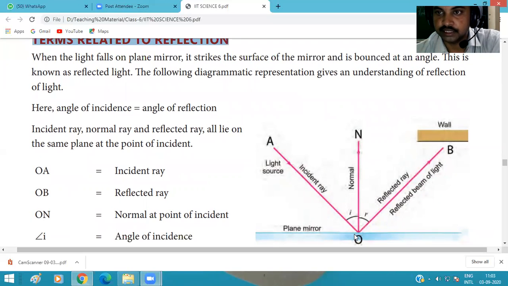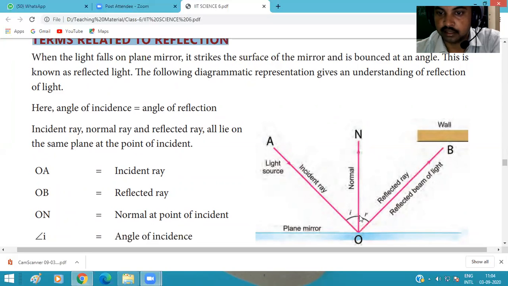At the point of incidence, we imagine a line, a perpendicular, and this imaginary perpendicular is called the normal at the point of incidence. When the incident ray is incident at the point of incidence, it forms an angle with the normal.